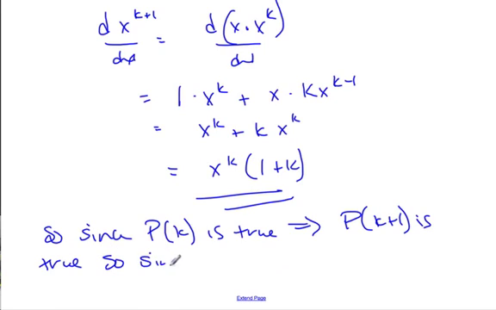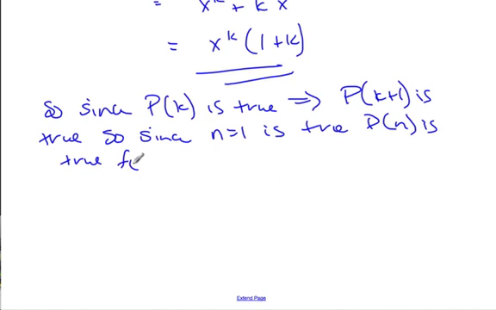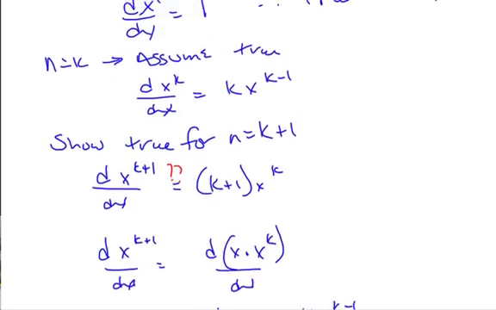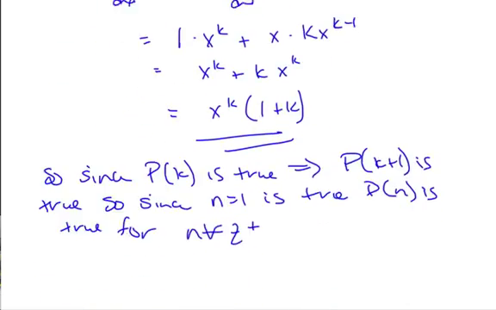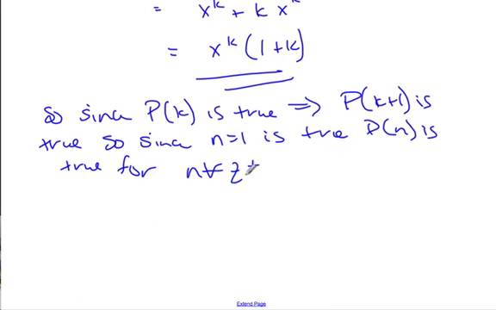So, since n equal to 1 is true, P(n) is true for n being a positive integer, I think is what my restriction was. All positive integers, yes. It is true for that by mathematical induction.